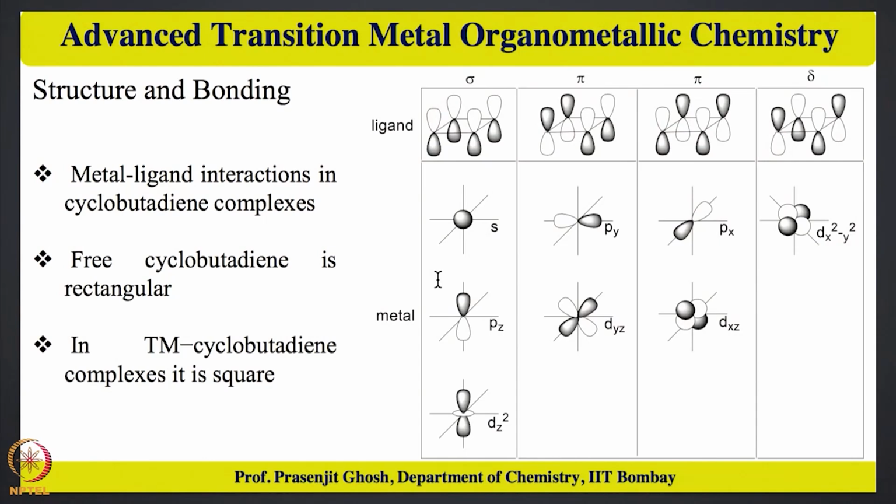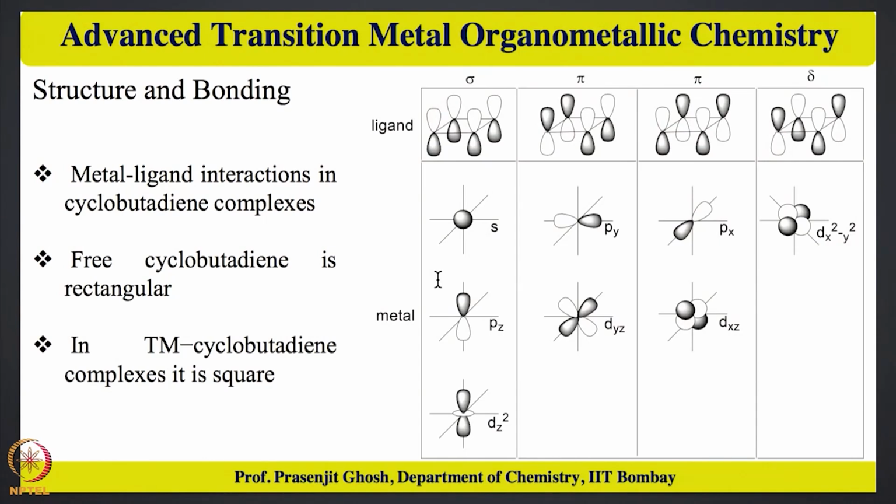So with this, let me talk about the reactivity of these metal cyclobutadienyl complexes. Before we look at the reactivity of these complexes, one needs to understand the metal ligand interaction for these complexes.